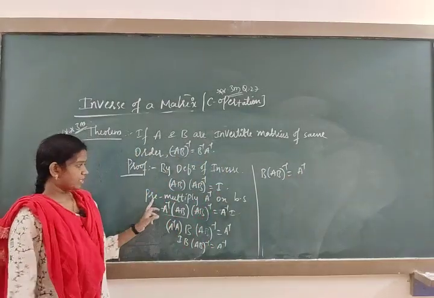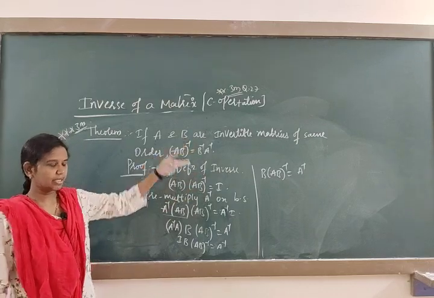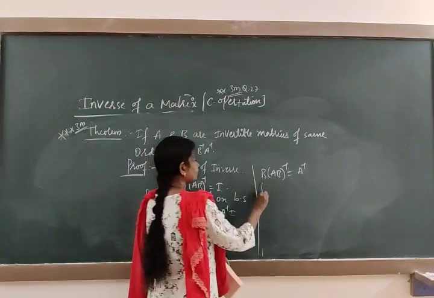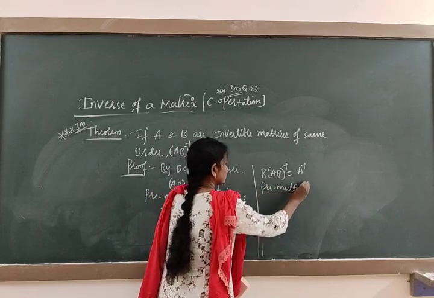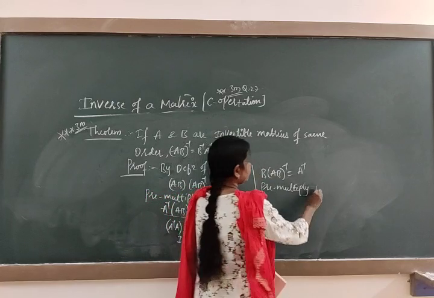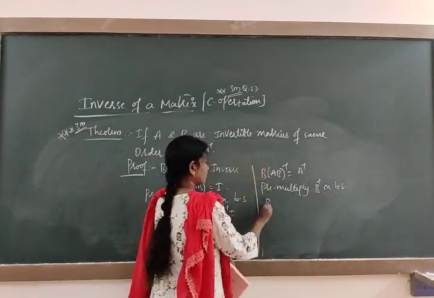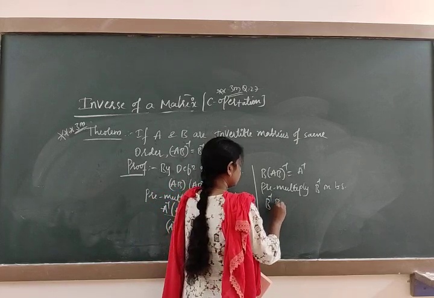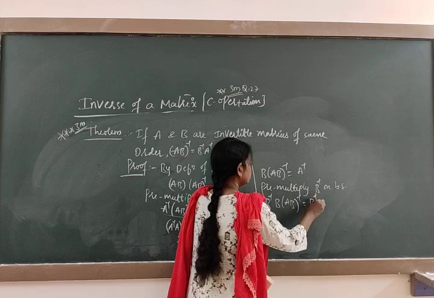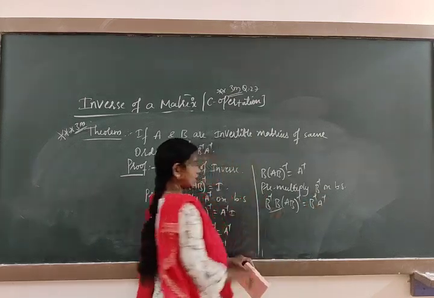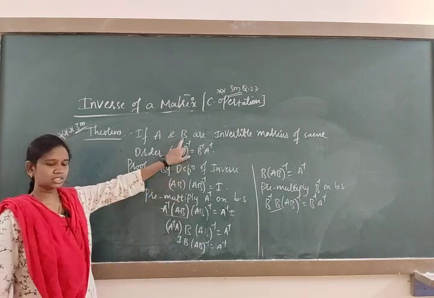First we pre-multiplied A inverse. Next, one more inverse will exist, that inverse is B. Pre-multiply B inverse on both sides. B inverse B of AB whole inverse is equal to B inverse A inverse. Make a grouping. B inverse B means I, because inverses exist, as we are telling.